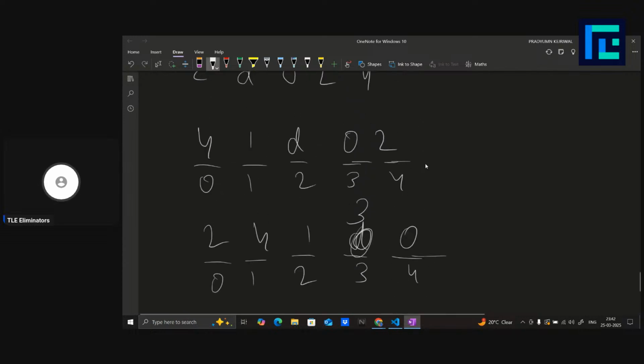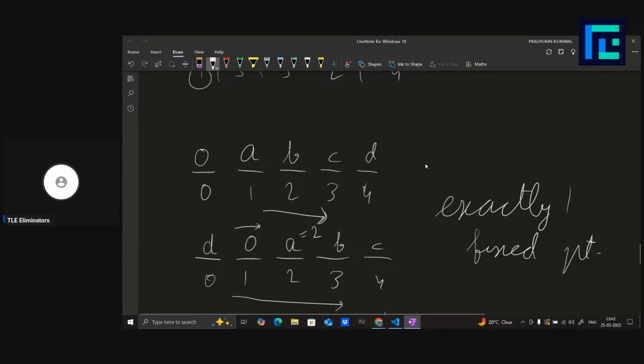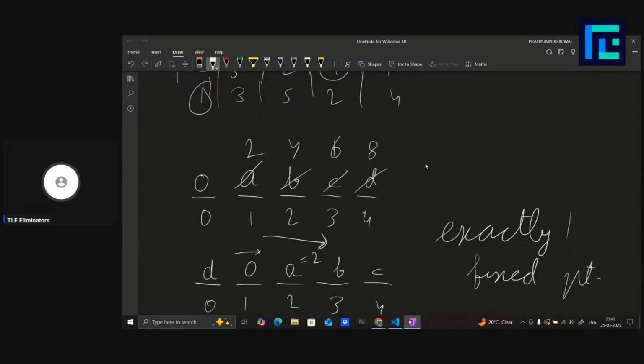So in the end, we had started with 0 A B C D, then we set A as 2, B as 4, C as 1, right? But in the pattern, it should have become 6, right? Like 0, 2, 4, 6 and 8. But actually what we did, we put C as 1 and D as 3, and that's because we can observe that it is just mod 5.